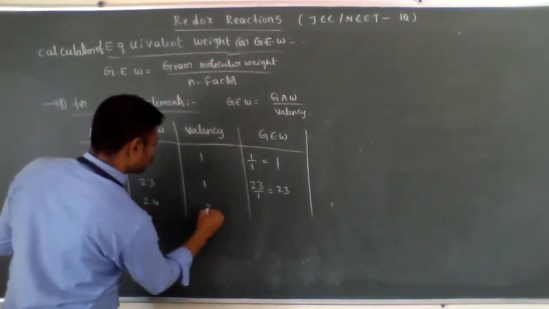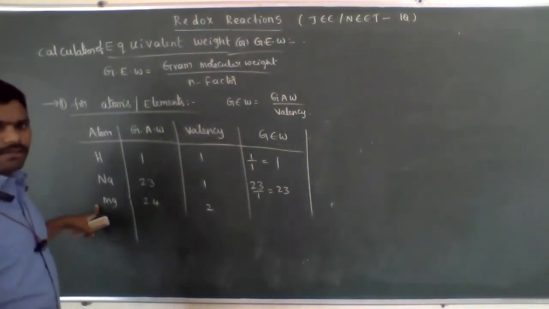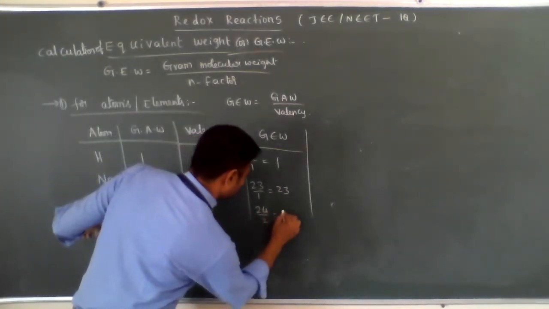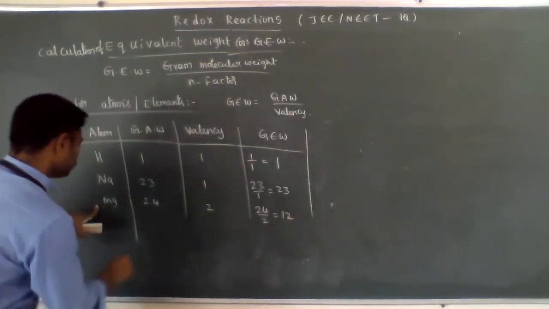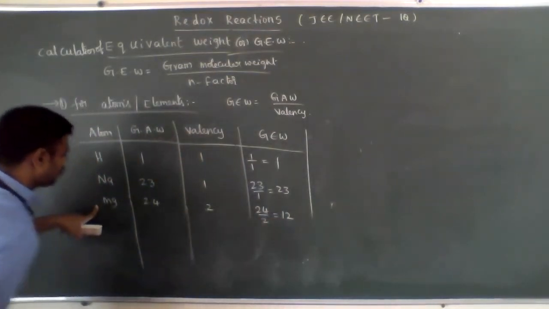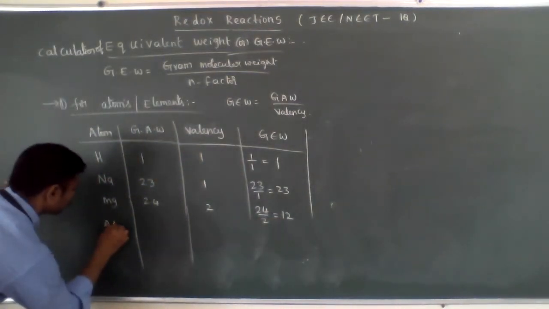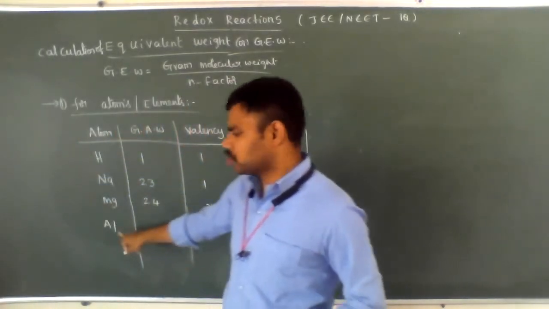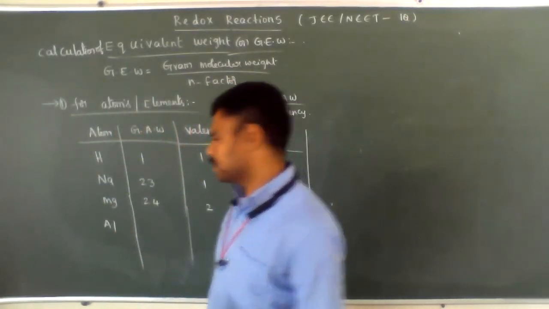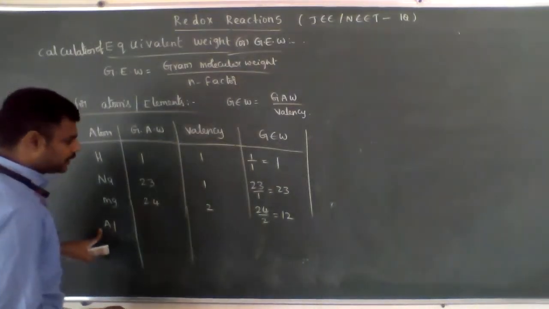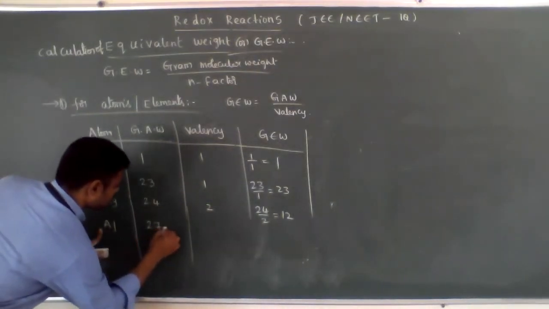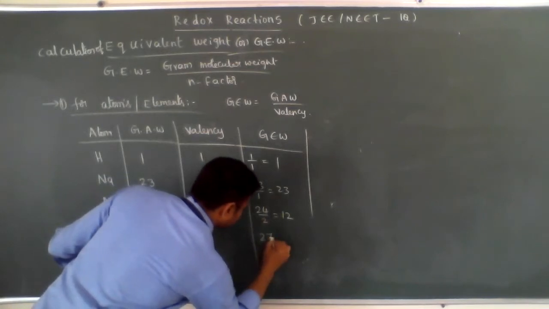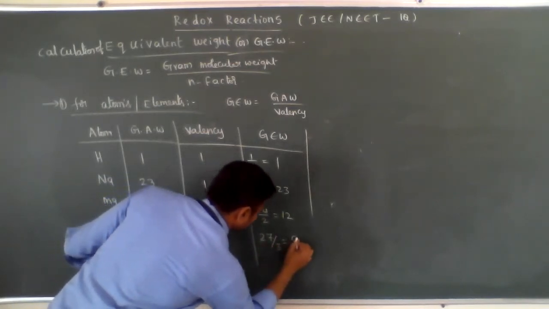Its valence is 2, the second A group element. 24 by 2 is equal to 12. In the same way, boron, aluminium, gallium, indium, and thallium all belong to third A group, the 13th group elements. Aluminium atomic number is 13, atomic weight is 27. Its valence is 3. 27 by 3 is equal to 9.